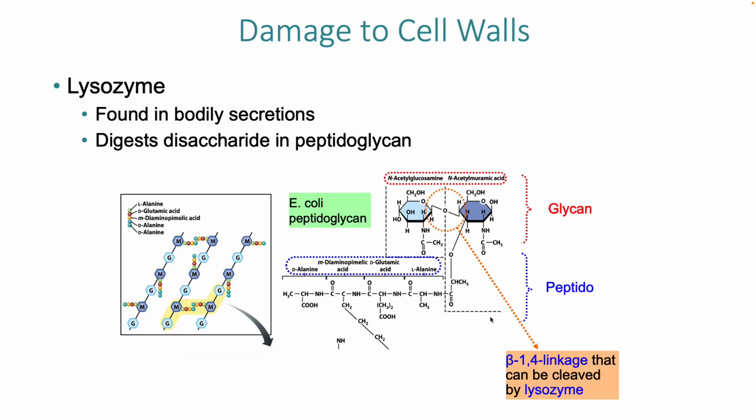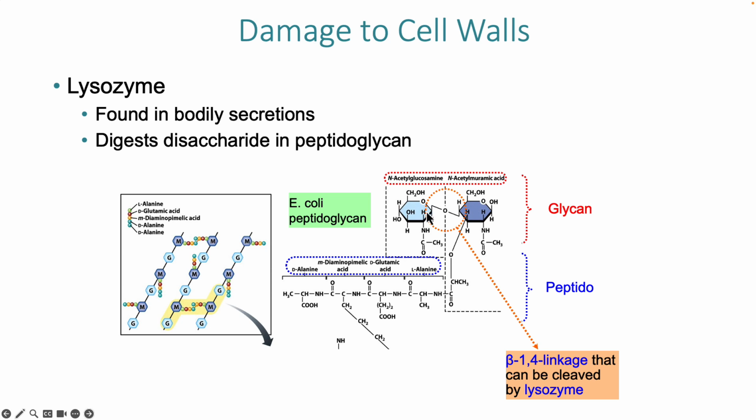The other type of damage that we commonly see to bacterial cell walls is because of that lysozyme I was just telling you about. So lysozyme is found in various bodily secretions like tears and saliva, and it breaks this bond right here between N-acetylglucosamine and N-acetylmuramic acid.